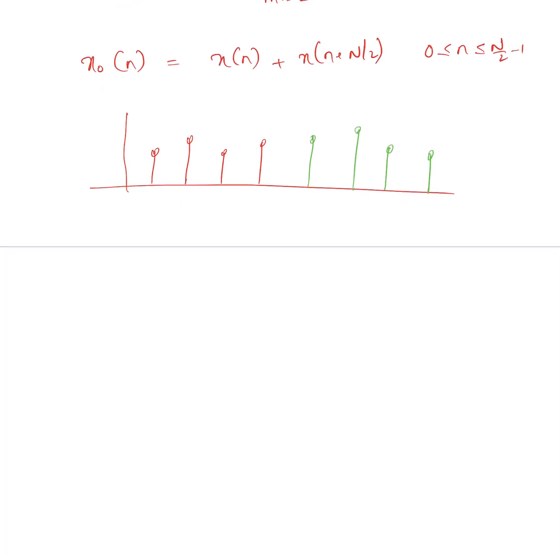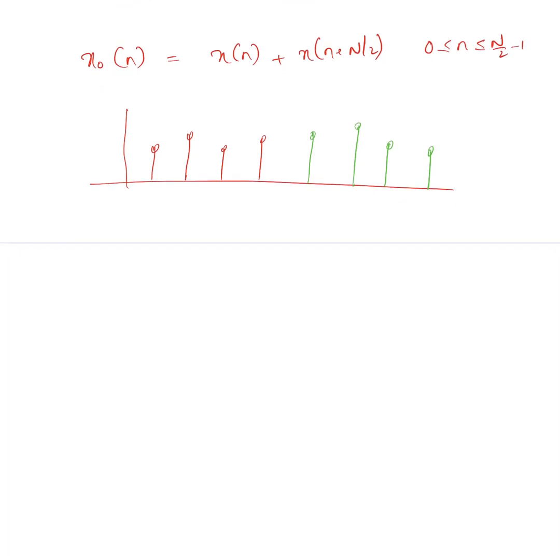Okay, now for the odd index DFT samples, recall that the circularly shifted DFT X of k plus 1 basically corresponds to W_N raised to the power n of x of n.